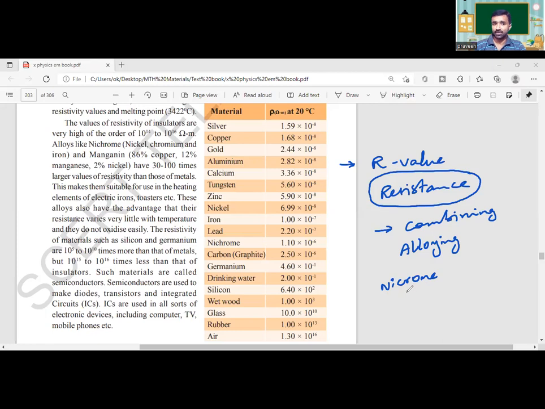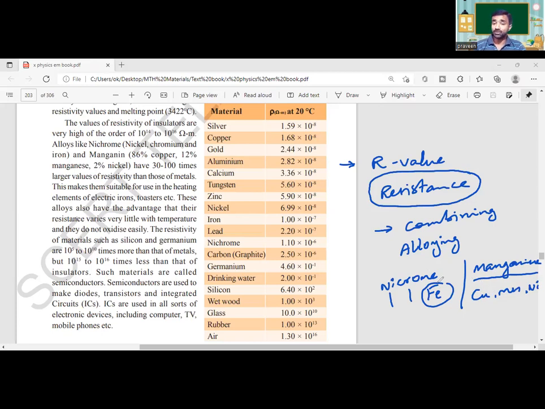One more is there, manganin. Manganin is not a pure metal. It is a combination of different metals which contains copper, manganese, and nickel, combined in various percentages.